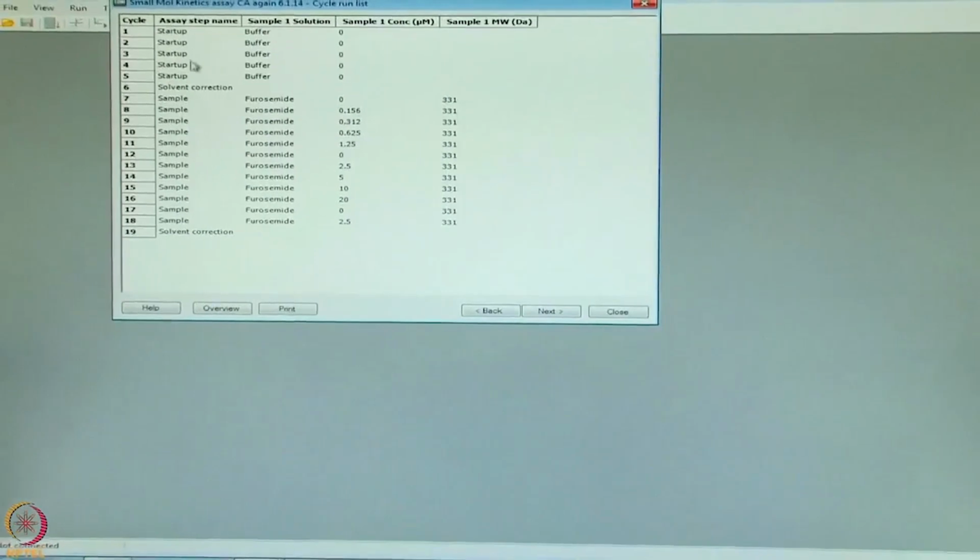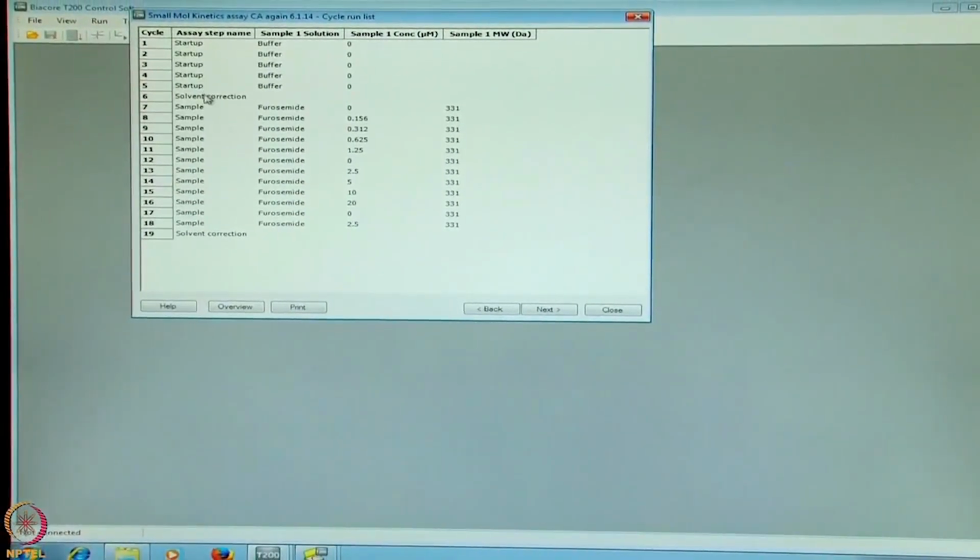We have 5 startup cycles, one set of solvent correction before the run and another set of solvent correction after the run. In between we have the furosemide injected at various concentrations on the surface of the carbonic anhydrase, and the kinetic data is accumulated here.